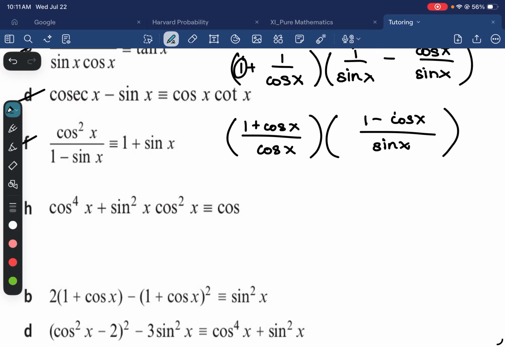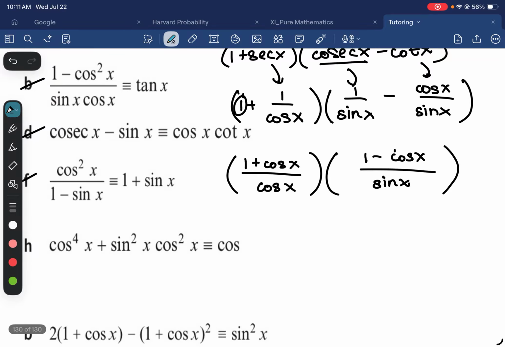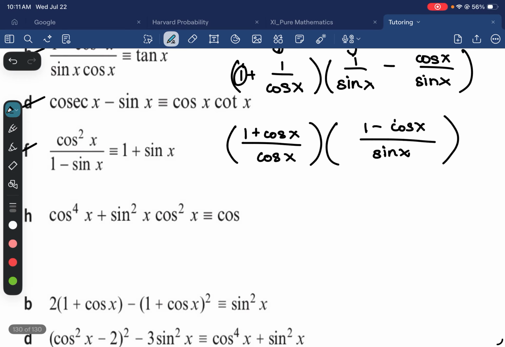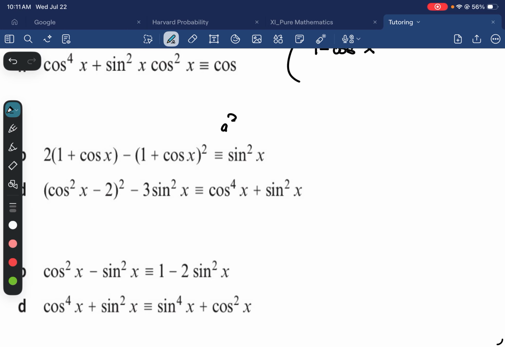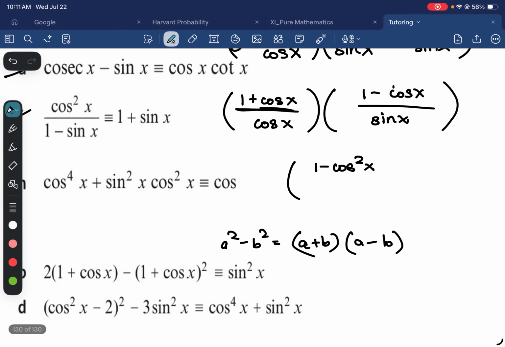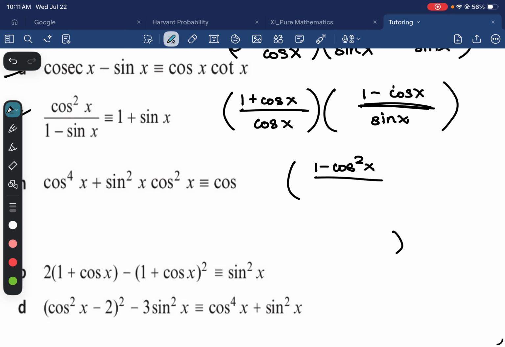I just switched the order. Cos x plus 1 is equal to 1 plus cos x. Alright, 1 plus cos x, 1 minus cos x is going to be 1 minus cos squared x. It's the same formula. A squared minus b squared is equal to a plus b, a minus b. So that is why I can simplify it in the form of a squared minus b squared, 1 minus cos squared x, divided by cos x sine x.